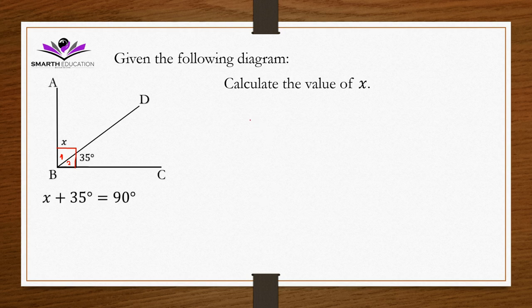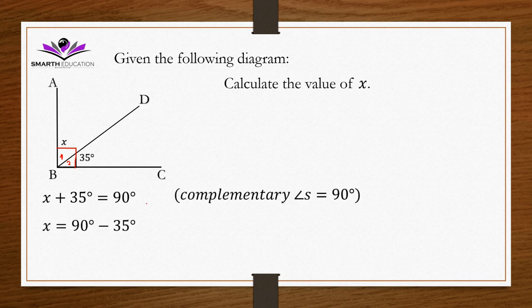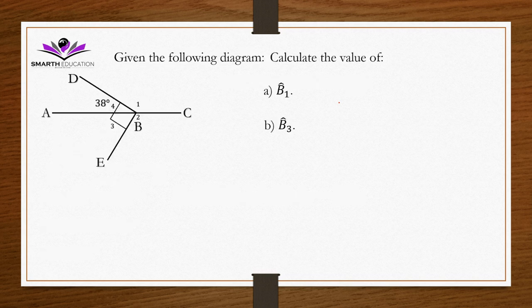We subtract 35 from both sides of the equation. The faster way is to transpose: a positive 35 degrees, when it comes to the right, becomes negative 35 degrees. Then x is equal to 90 degrees minus 35 degrees, which is 55 degrees.